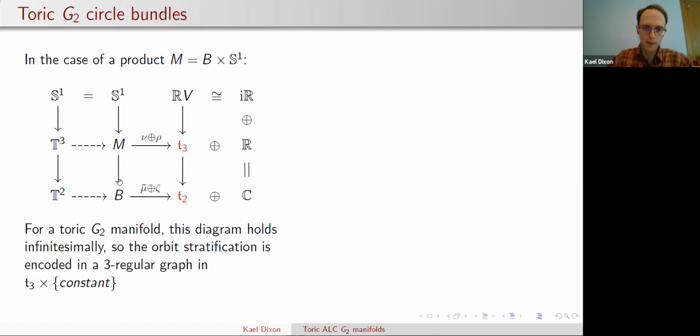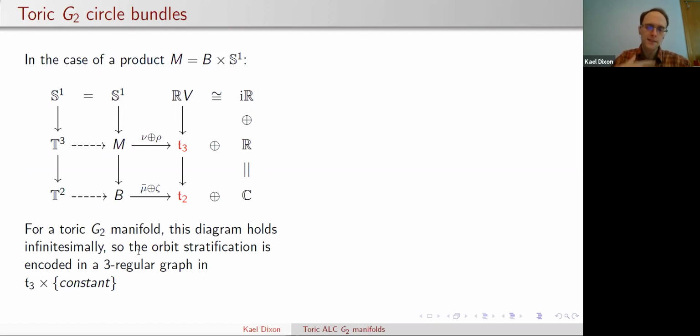So for the product case, it's not that surprising, but you would get just a PQ web sitting in some plane inside this three-dimensional space at the part where rho is equal to 0.